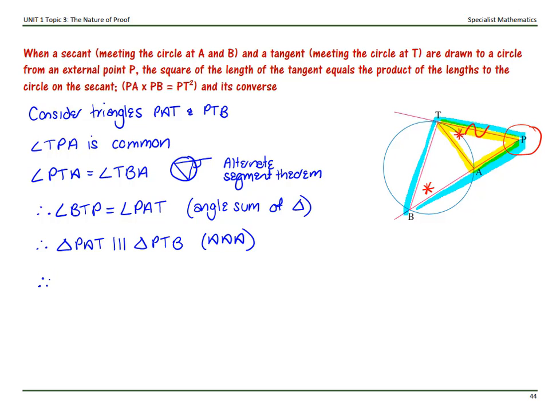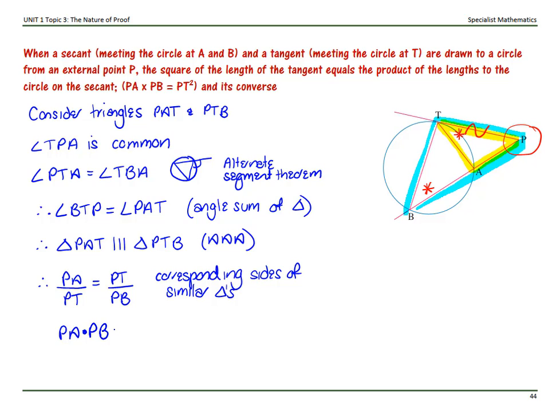So now we can look at those ratios. Our corresponding sides, PA over PT, has to equal PT over PB because of corresponding sides of similar triangles. So rearranging that, we have PA times PB equals PT squared. And that is our proof done.